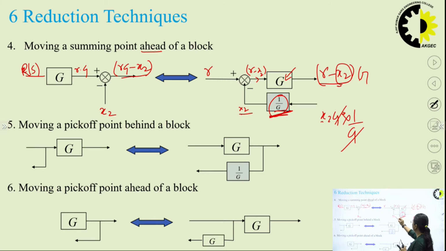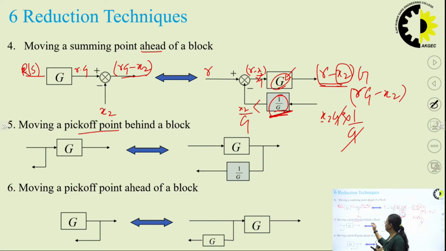Now when I am getting x2 here, then this will be x2 by G. Now from here you can see x2 by G I am getting, right? And this x2 by G, when it comes here and is multiplied by this gain, then I'll get the output R into G minus x2. So the output should be the same in any case of shifting, right?